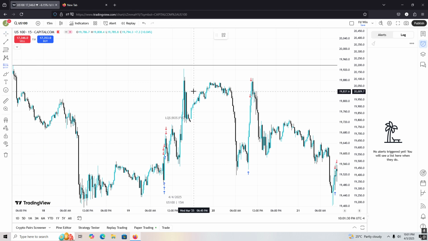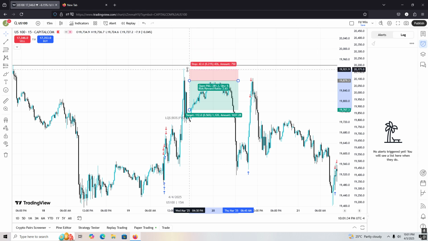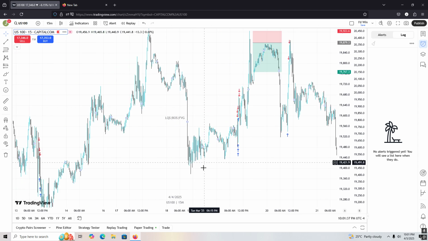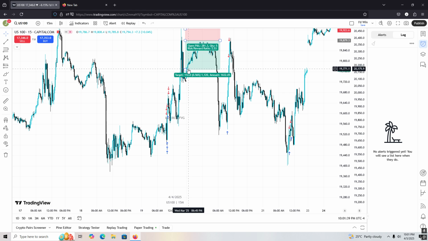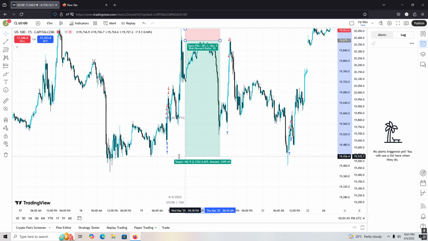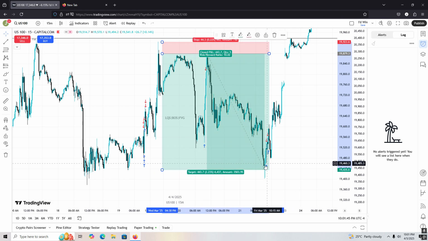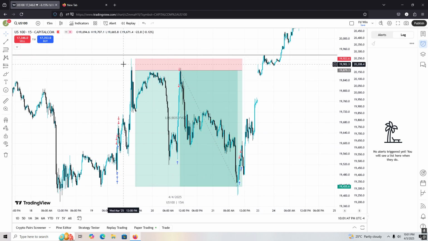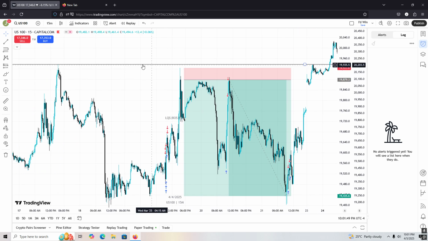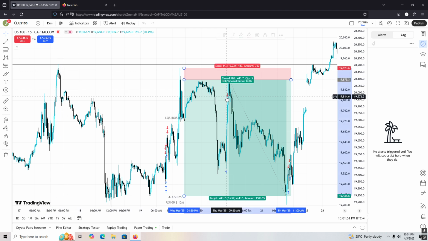It depends on how you would trade. Just say if this was the case and you're targeting these lows, this low, you'd end up winning because it's basically a liquidity sweep, as some people's stop losses would be over here.